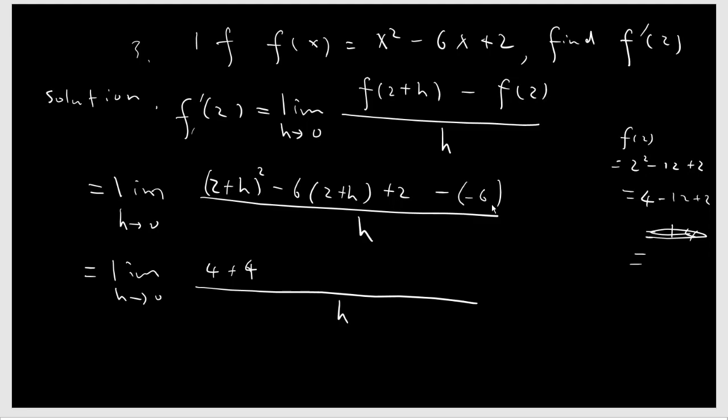Okay, now we go back to this 4 plus 4h, and then plus h squared. Multiply out that term, I think you have negative 12, and then plus 6h minus 6h.